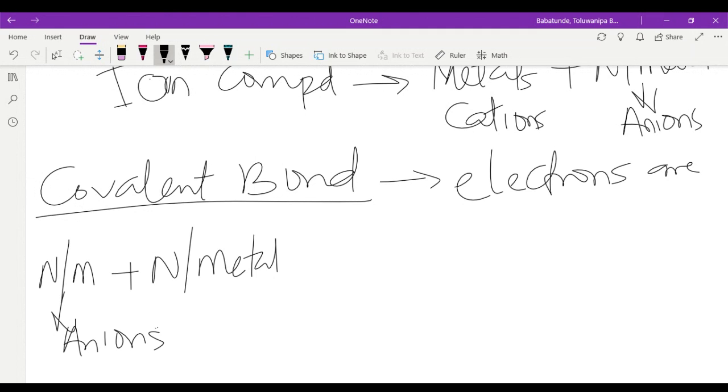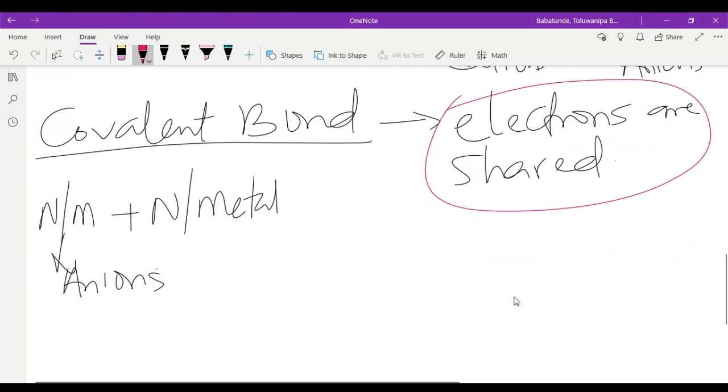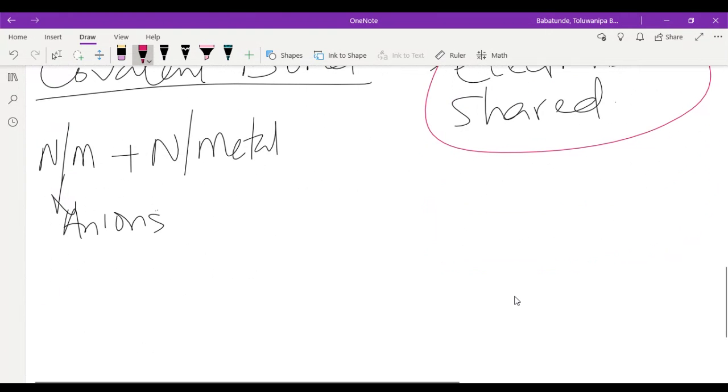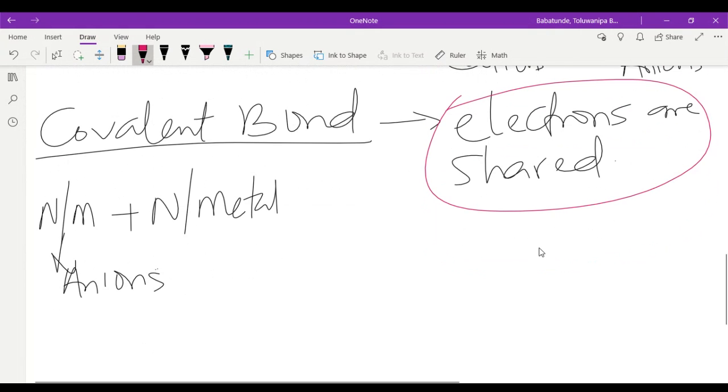So we need to remember that in covalent bond, electrons are shared because they involve two nonmetals coming together.